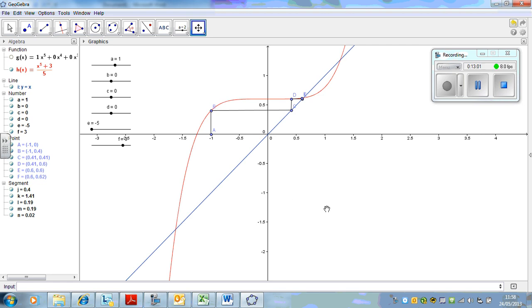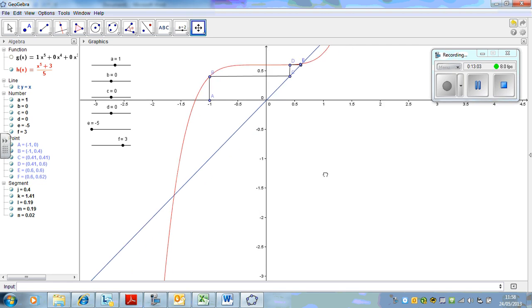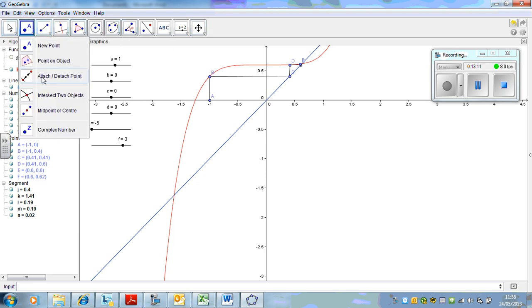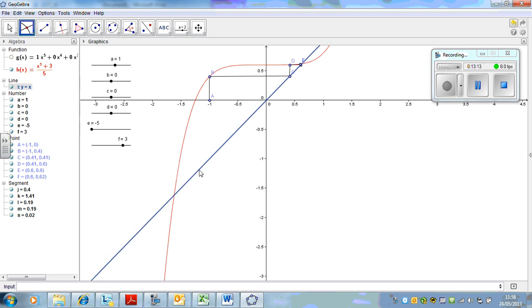The reason why this doesn't converge to the root which we want is because, if we look at where they intersect, at the point G, the gradient of the red curve is greater than 1. It's greater than 1 because the gradient of the blue line is 1. The gradient of this curve is bigger than 1.